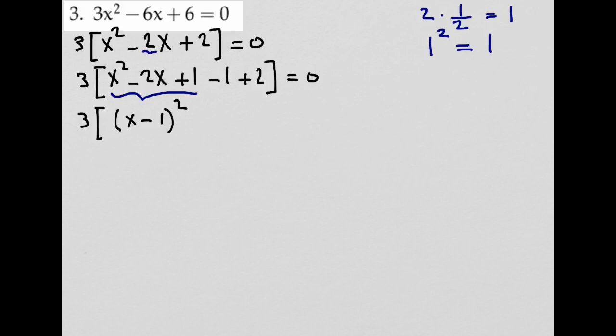And minus 1 plus 2 equals plus 1, all equals 0. Distribute the 3 to get 3 times (x minus 1) squared plus 3 equals 0.